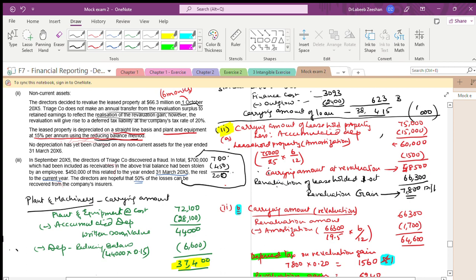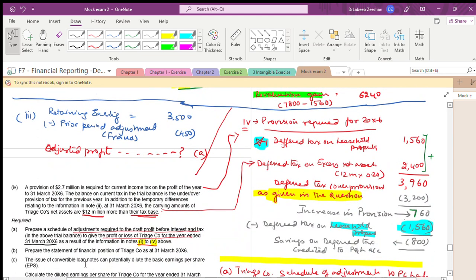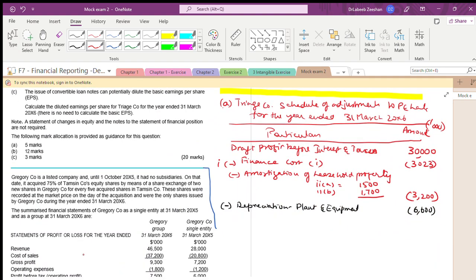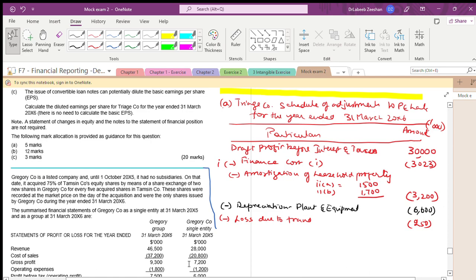This 200 is a loss because of fraud. Not 200, 250. Less loss due to fraud, 250.